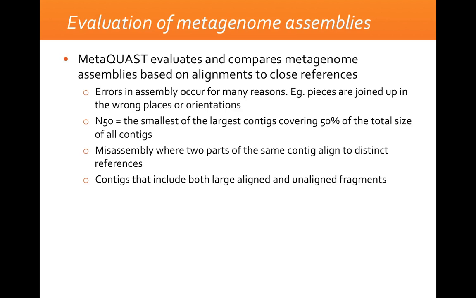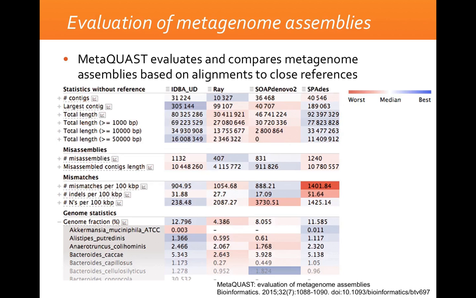and from this it can create some statistics that will help you in evaluating which method or tool is best to use. On this slide, from the MetaQuast homepage, you see 4 columns which are from 4 different assemblies.